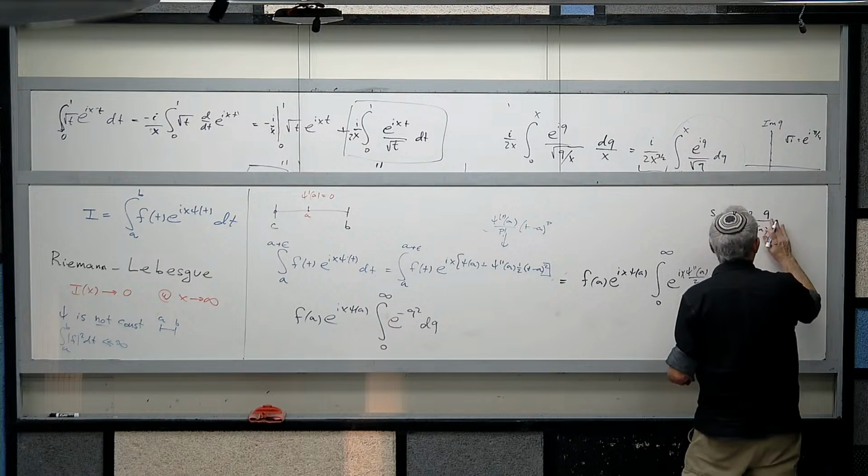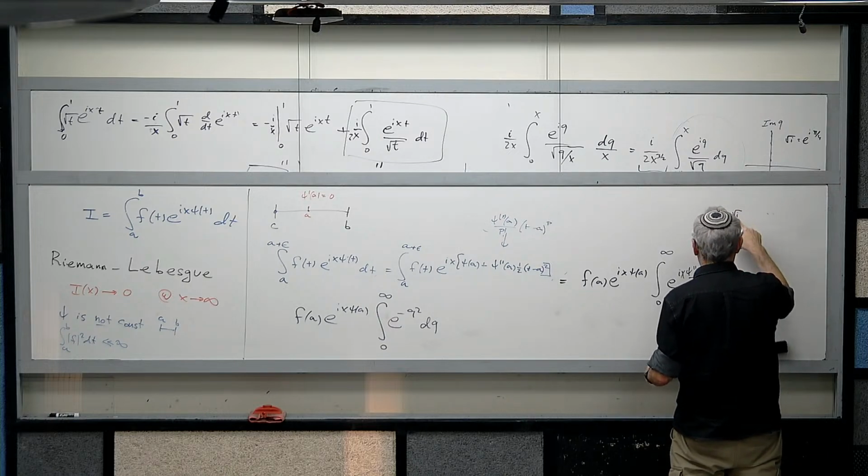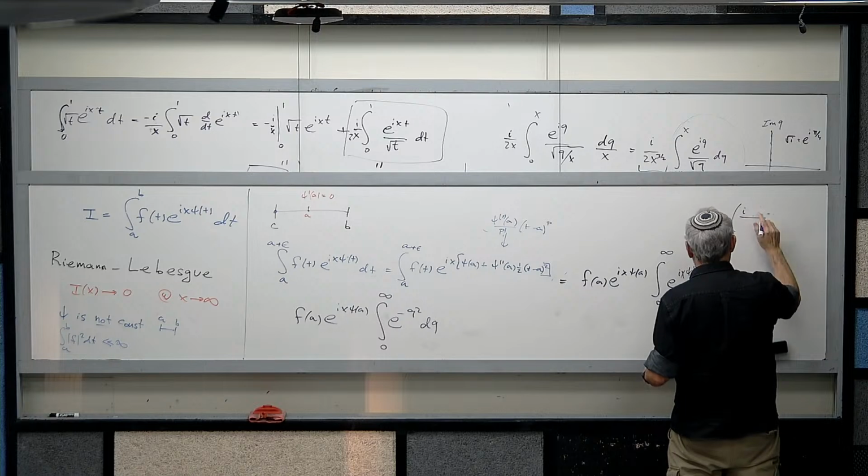So that's what you used before, just you need to add another i. So times i, psi double prime, yes, it's minus, divided by psi double prime of a times x.